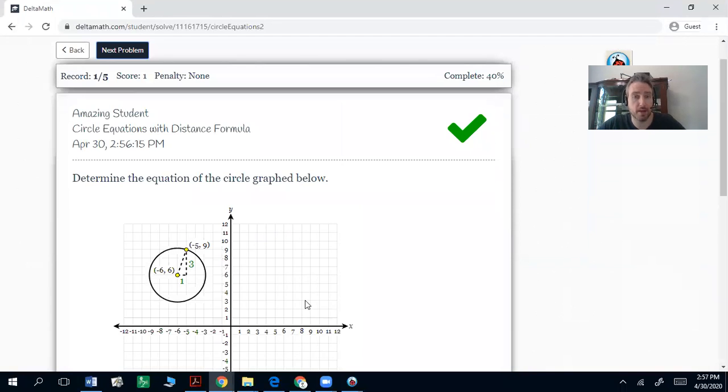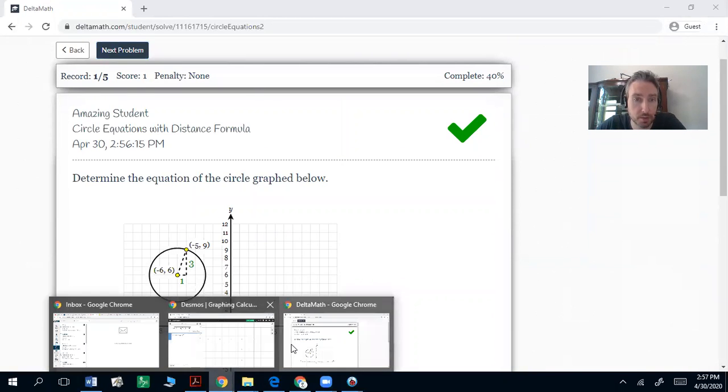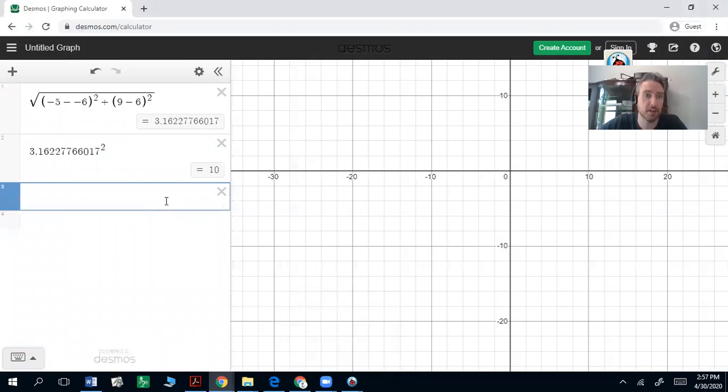Also on Desmos, I have to remind you guys that Desmos does do distance by calculating distance. So if you type in distance, parentheses, parentheses, and you type in the 2 coordinates.